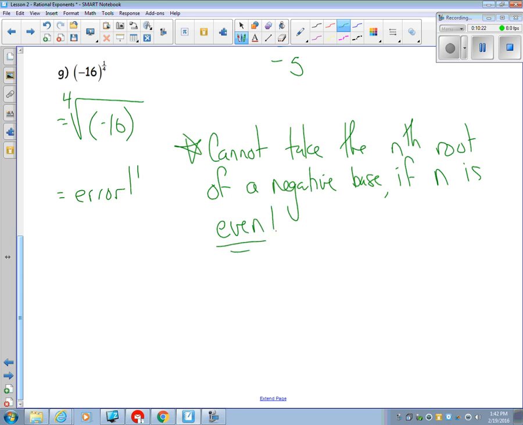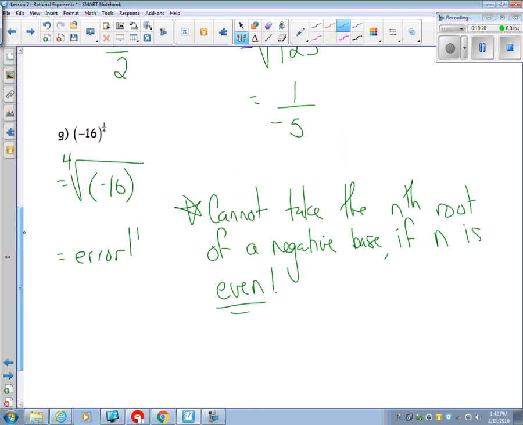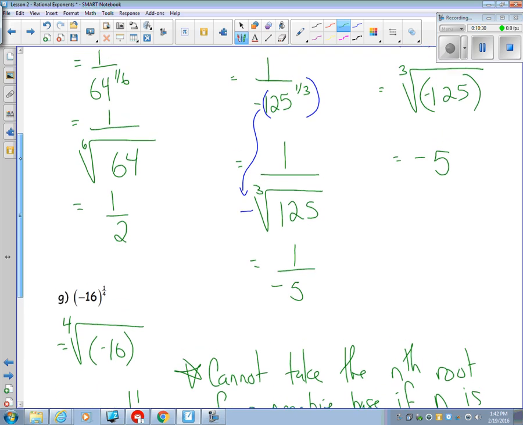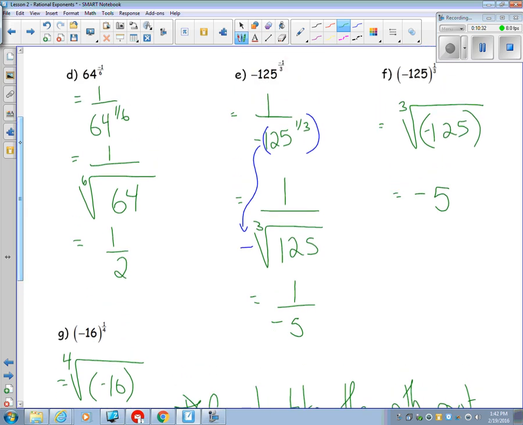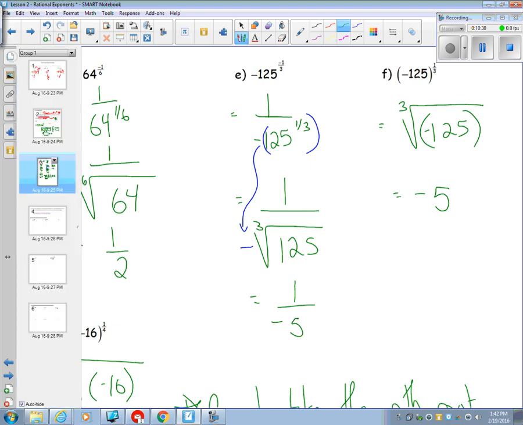N in our case is a 4, that's an even number. I can't do negative ones. Back a second ago, we did one of these up here, we did an nth root where n was 3. I can do that with odd numbers, but I cannot do that with even numbers. That's one of our big ideas here. Okay, I'm going to pause this now and put the next part in the next video.